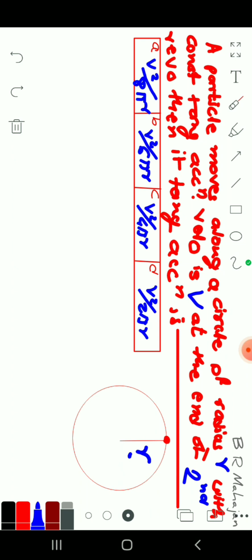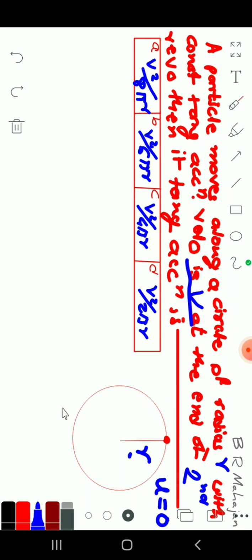Actually, the initial velocity of that particle during its circular motion is quite less, or you may say zero, because the particle is starting its motion. Therefore, its initial velocity can be considered to be u equal to 0. After some revolutions, this is the first revolution, this is the second revolution, the velocity of the particle is v.